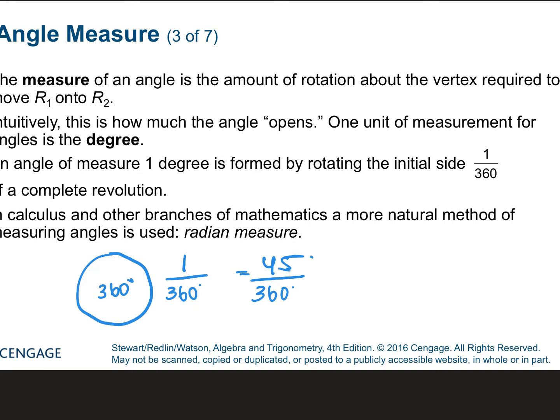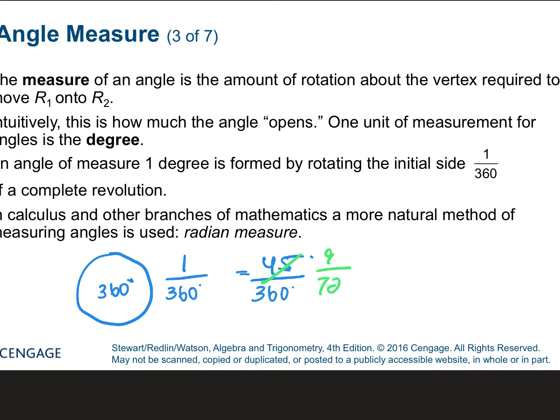If you simplified that, what goes into both 45 and 360? 5. 5 goes into 45 9 times, and 5 goes into 360 how many times? What's 360 divided by 5?